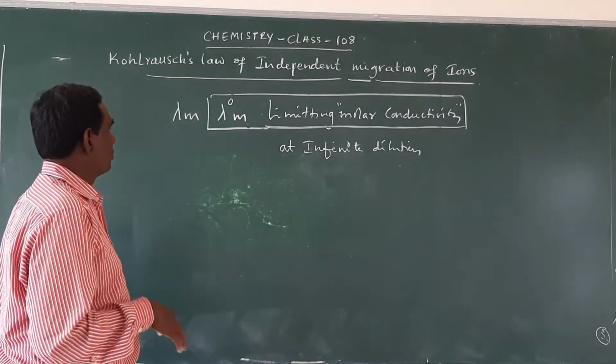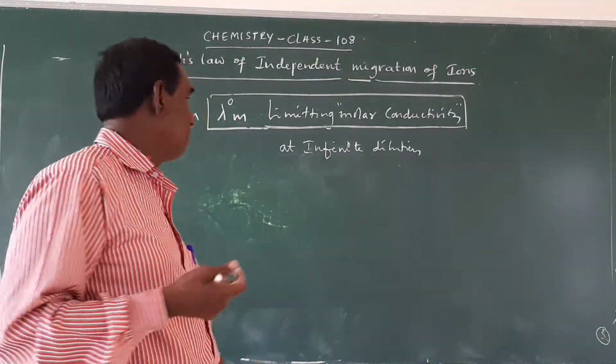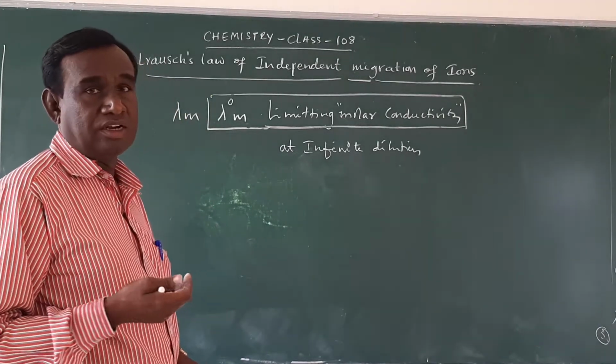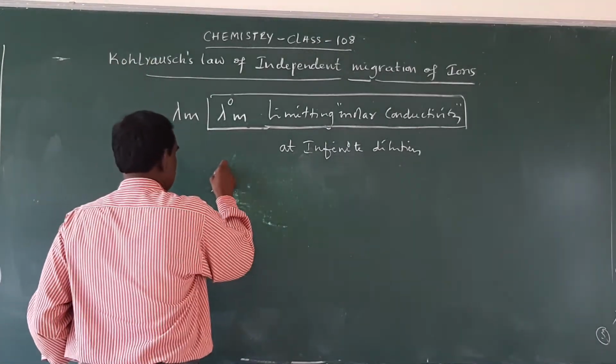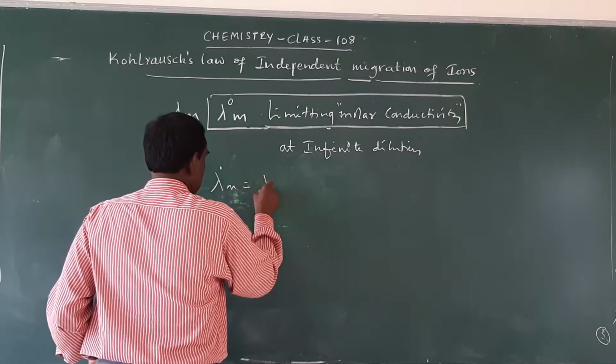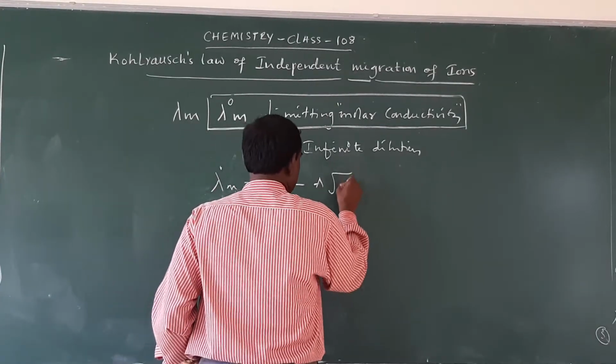Next, we have already discussed one relation between lambda naught m, lambda m and the concentration of the electrolyte. That is, lambda m is equal to lambda naught m minus A into root c.